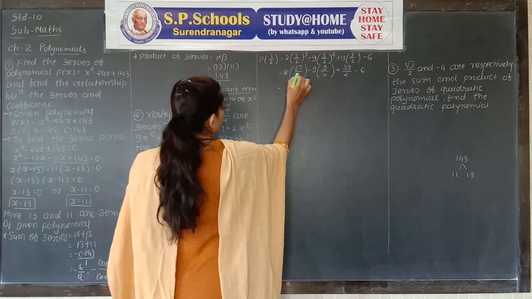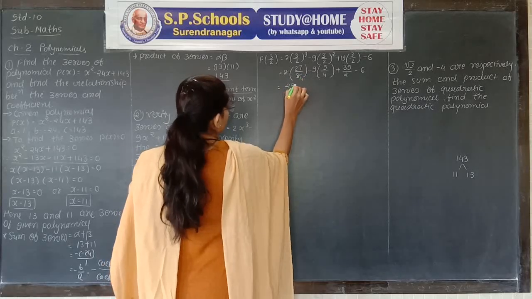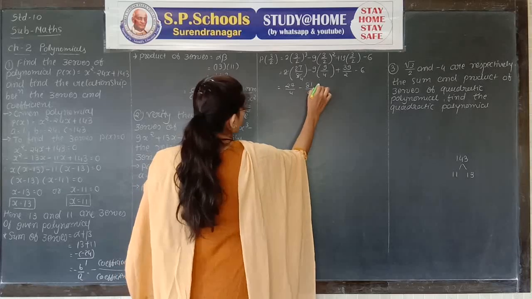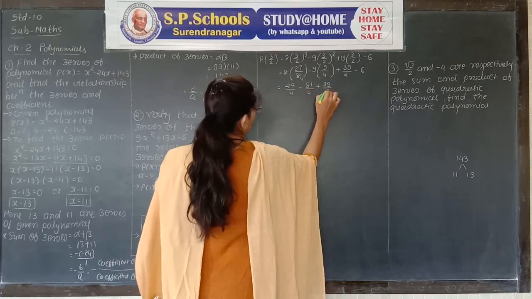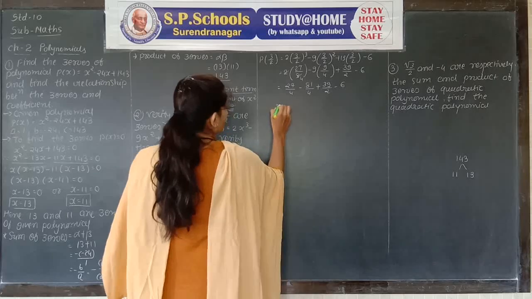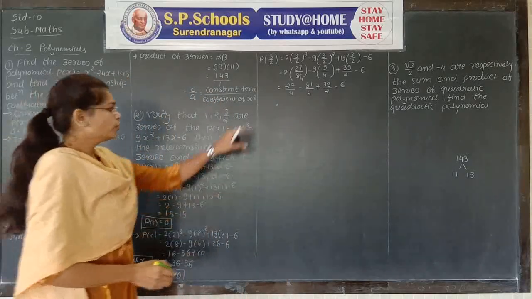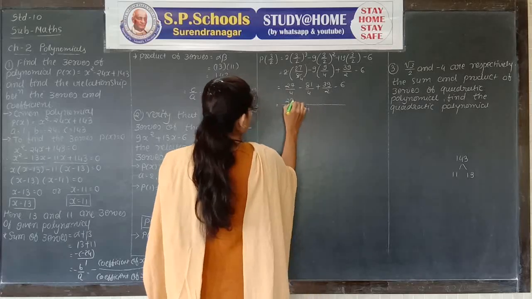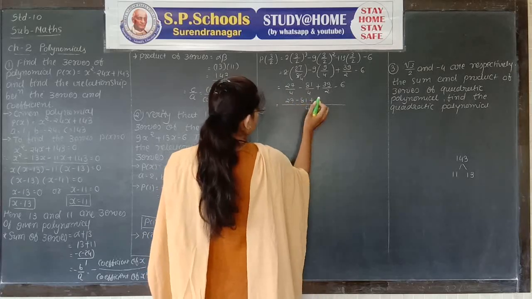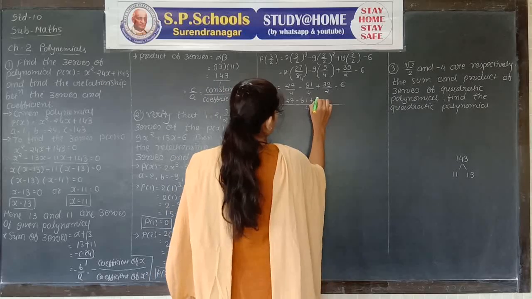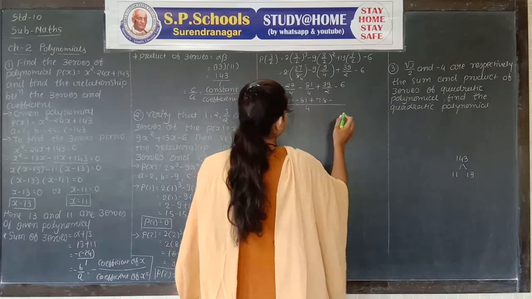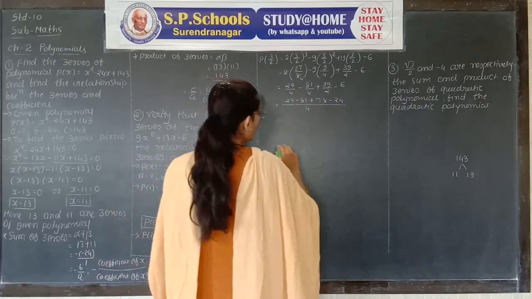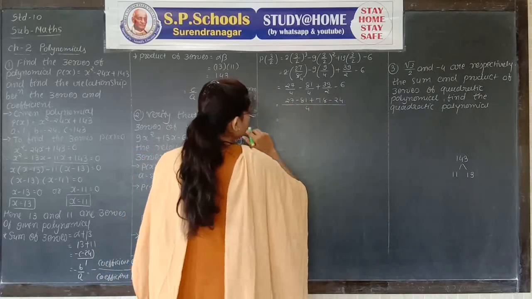Cut by 4: 27 upon 4 minus 9 nines are 81 upon 4 plus 39 upon 2 minus 6. Now we have to take the LCM to solve this. Upon 4: 27 minus 81 plus 39 twos are 78 minus 6 fours are 24. Now we have to add 78 and 27.